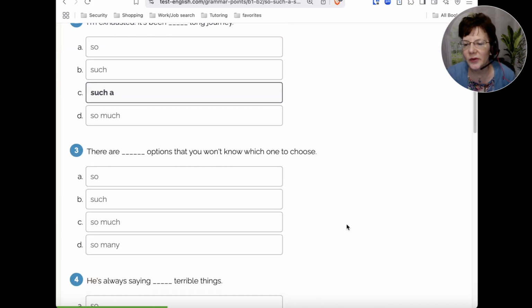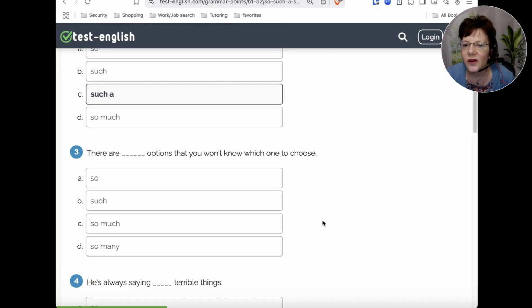All right, number 3. There are... options that you won't know which one to choose. All right, countable here, options. All right, so if you chose the last one, option D, so many options, that would be correct.